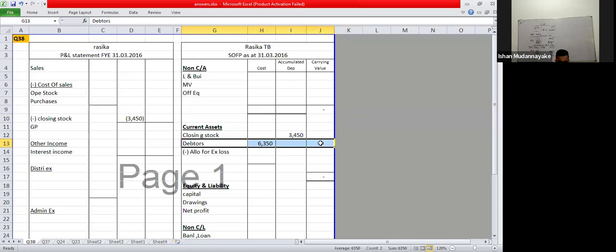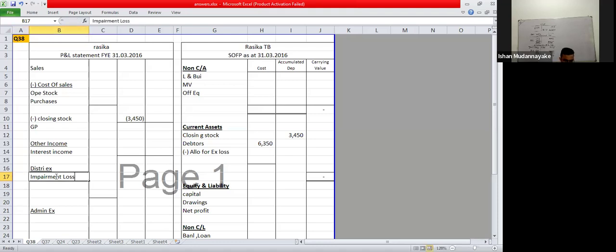And then students, impairment loss 343 should be charged to distribution expenses. Okay. Right, we record impairment loss. Actually, that amount is over provision of impairment loss.